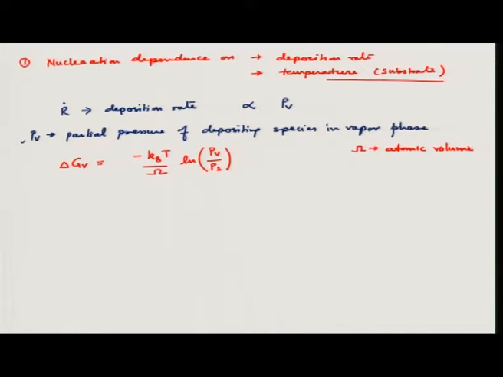So, volume of one atom, that is why this is per unit volume, and PV we have already defined. PS is the vapor pressure of the species just above the thin film. Okay.